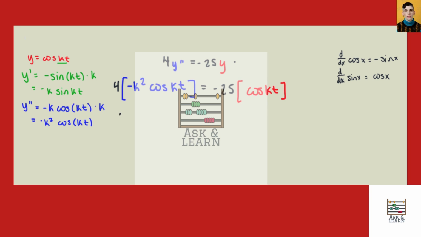So after distributing, we're going to get this. And we can add 25 cosine kt to both sides. So we're going to have 25 cosine kt minus 4k squared cosine kt equals 0.